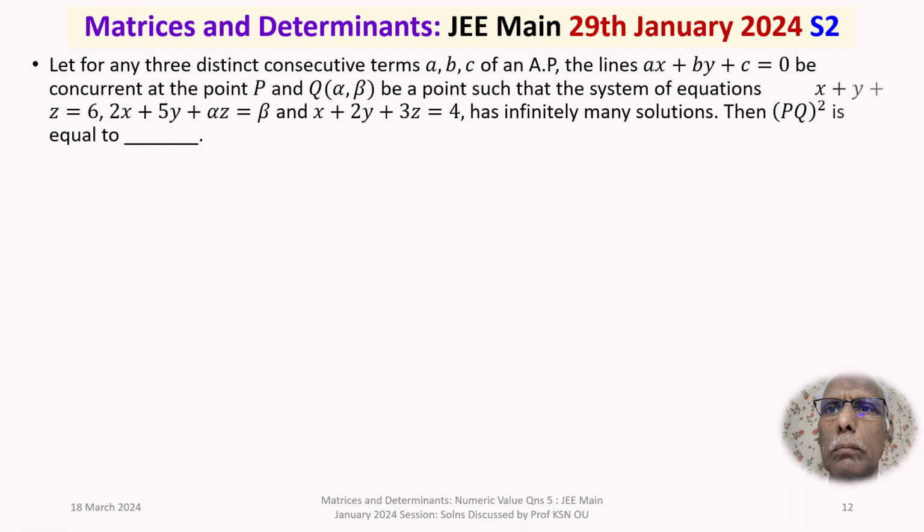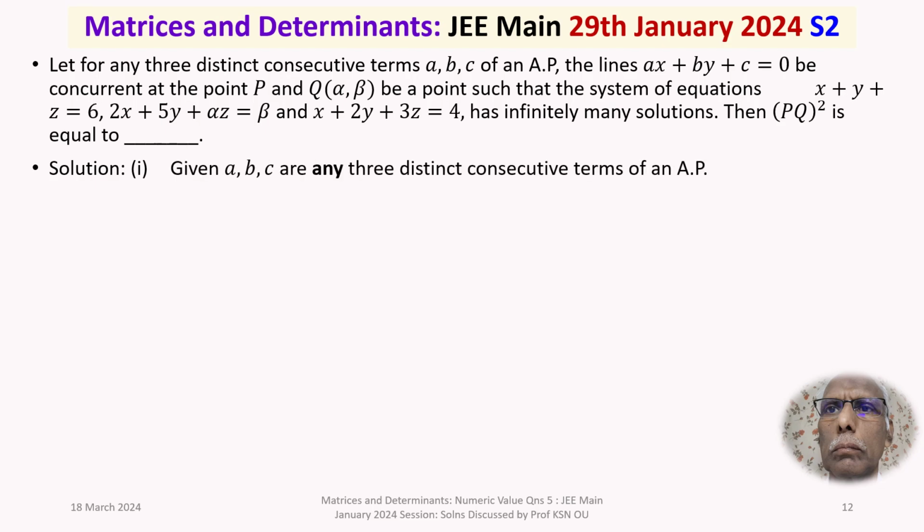Let's now discuss the solution of the problem in detail. First, we are given A, B, C as any 3 distinct consecutive terms of an AP. So you take a triad A, B, C, which are the consecutive terms of an AP, and write down the corresponding equation ax plus by plus c is equal to 0.